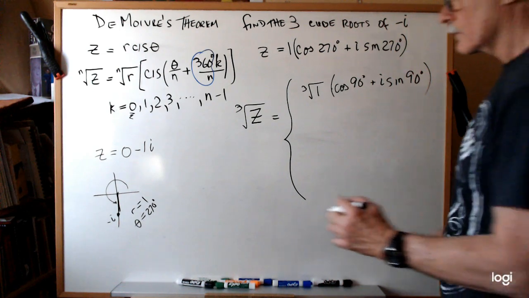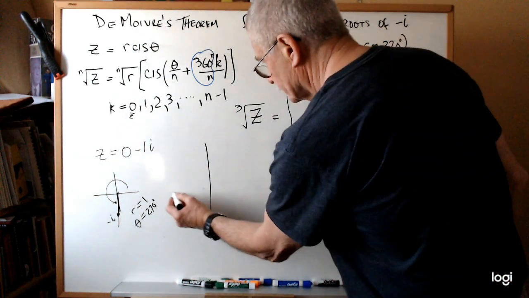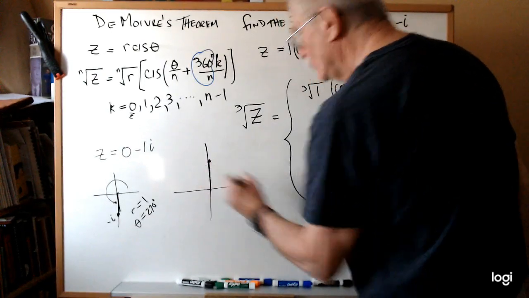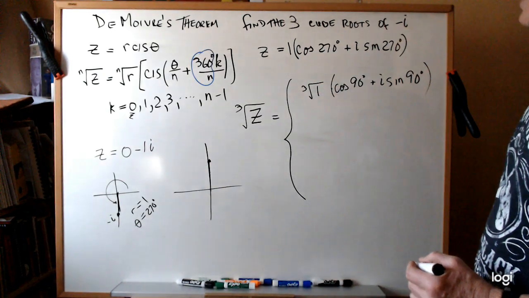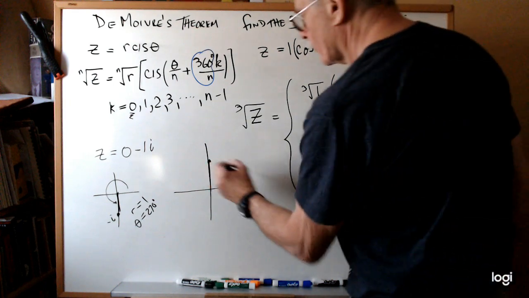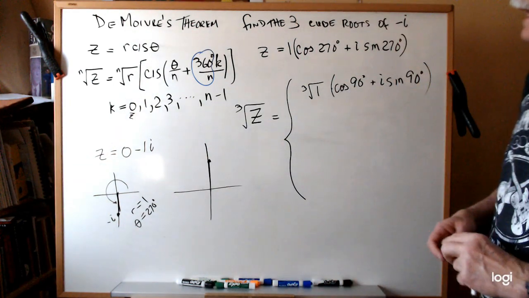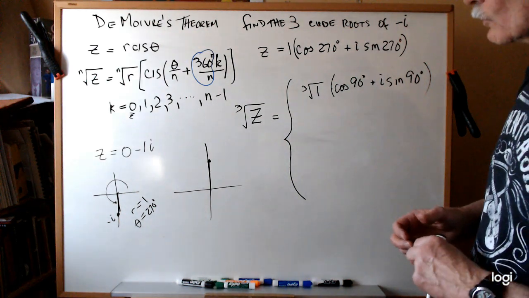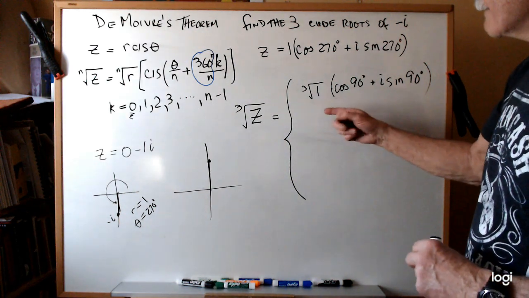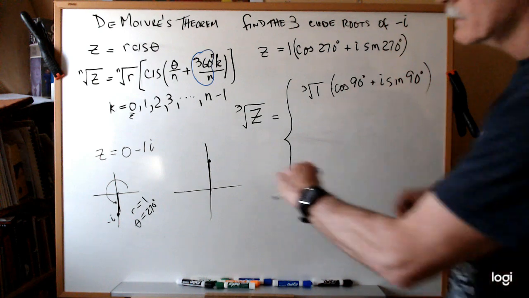Okay, so think about this. You have 90 degrees, and these 3 roots are going to be spread out, in this case, on the boundary of a polar circle, equally spread out.